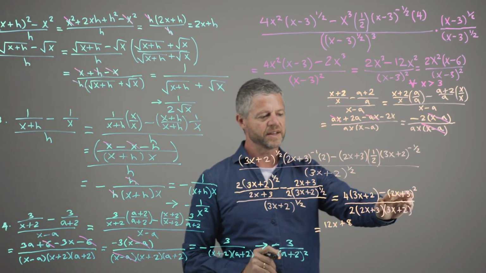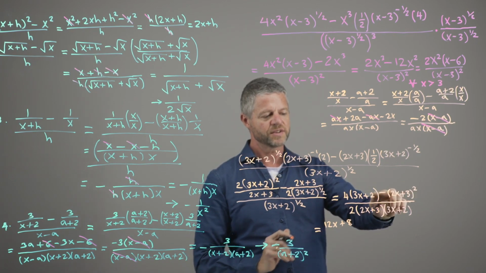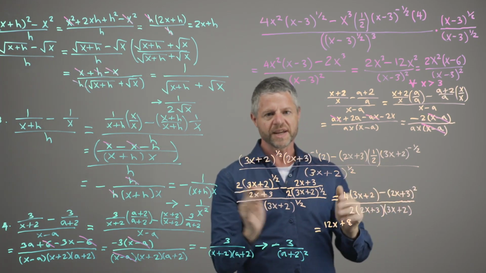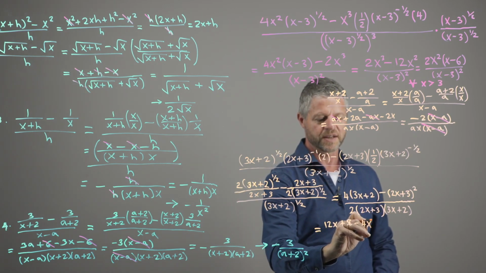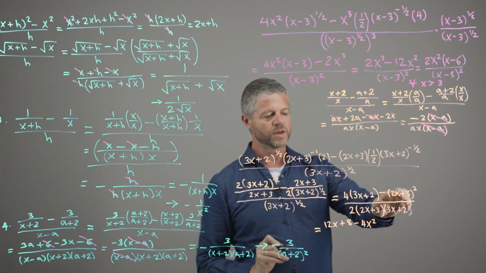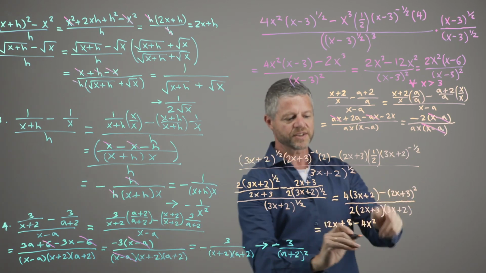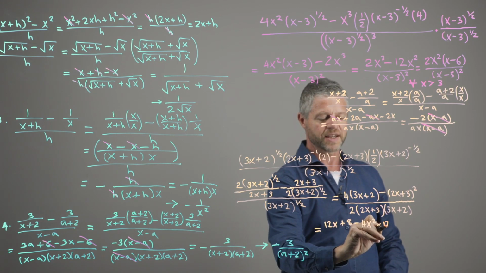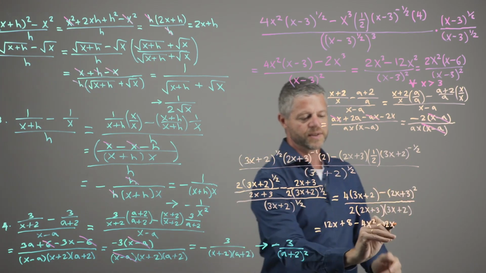And then I need to expand this. So 2x times 2x would be 4x squared. And then we've got 2x times 3, which would be 6x. And then 3 times 2x, which would be another 6x. So we've got minus 12x. And then finally we got 3 times 3, 9. So we got minus 9.